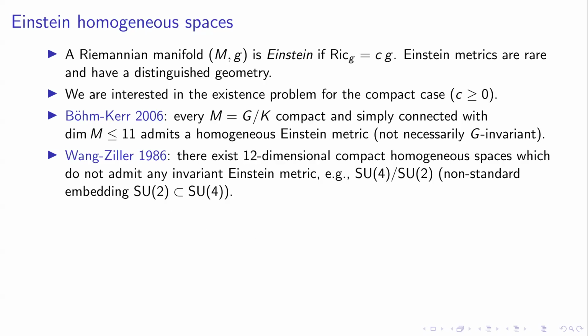And this is not true for greater dimension. In this work of Wang and Ziller, there is an example of a 12-dimensional compact homogeneous space which does not admit any invariant Einstein metrics. Namely, the space is this SU4 over SU2, but this SU2 is not the standard one.